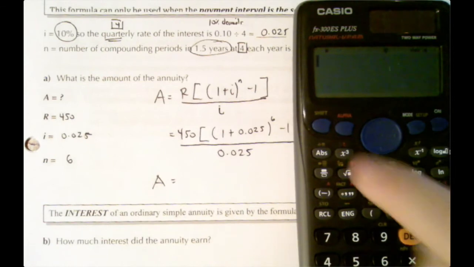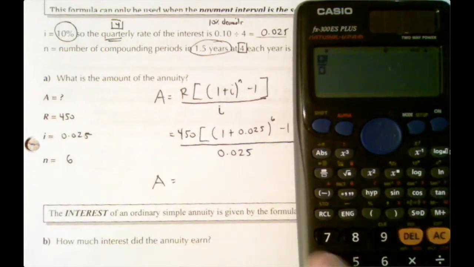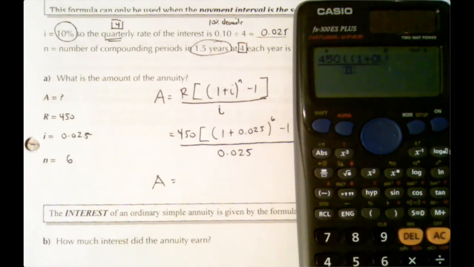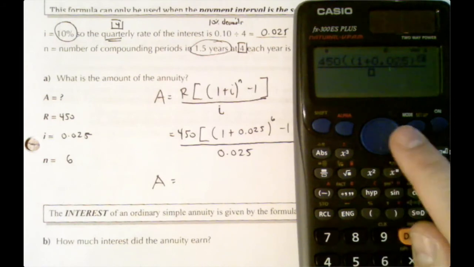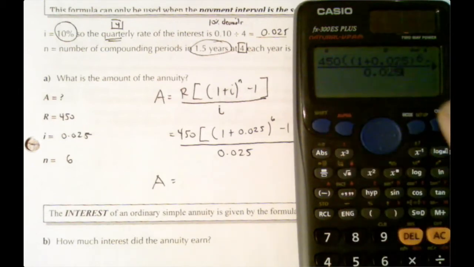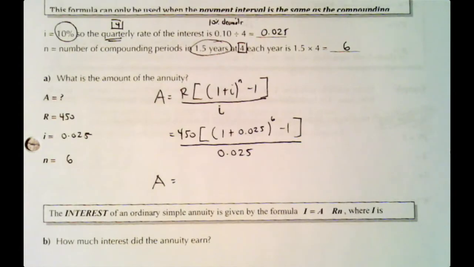So we got 450 bracket 1 plus 0.025 close bracket exponent button 6 minus 1 close bracket, all divided by 0.025. So I've just typed the equation in exactly as it's written on the page, and I hit equals. And it gives me $2,874.48, which is exactly what we got from the table.